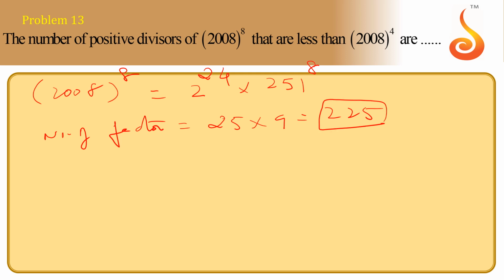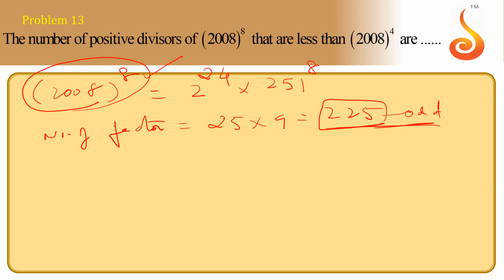Observe this number of factors. When the number of factors is odd, naturally by seeing it you can say that it's a perfect square. So please remember, when number of factors are odd, it will be a perfect square.